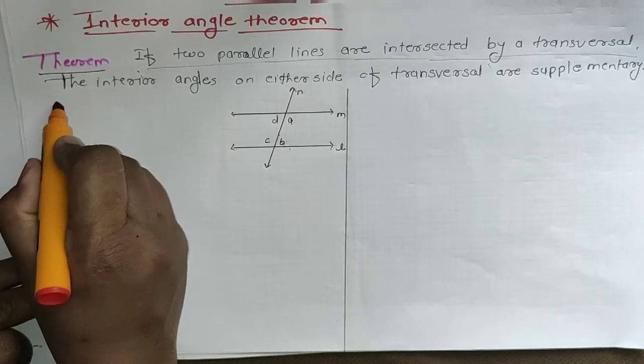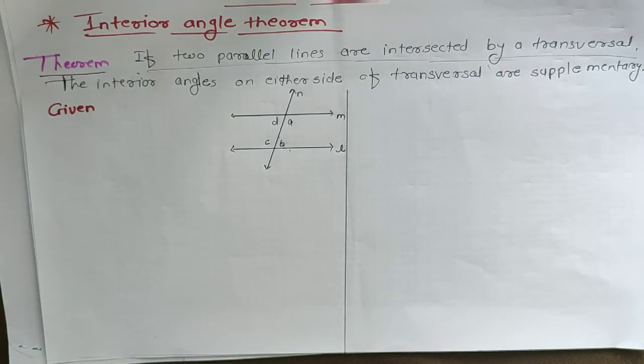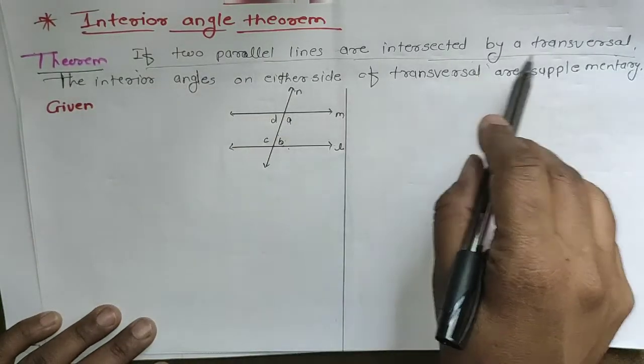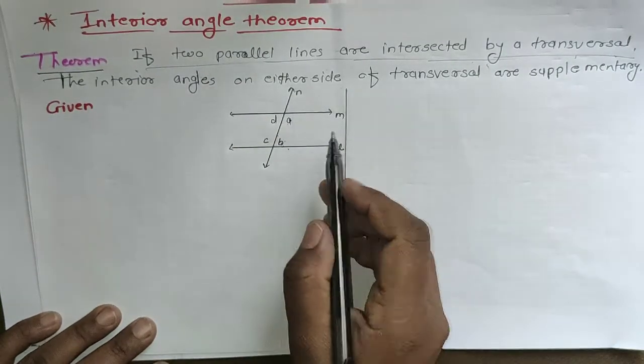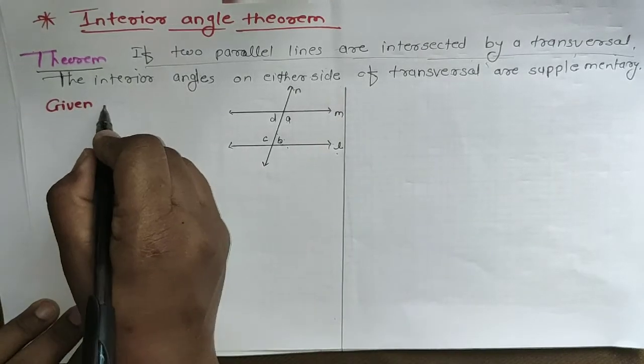So I will write the given. What is given? This part: two parallel lines are intersected by a transversal. Which two are the parallel lines here?